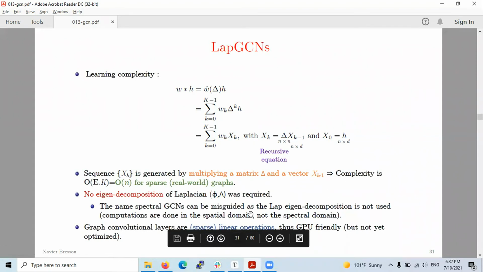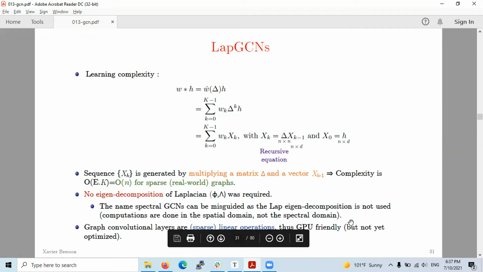And also the professor mentions that the graph convolutional layers are sparse linear operations, and thus they are GPU friendly. They are linear operations, but because of the sparsity, they are not optimized.